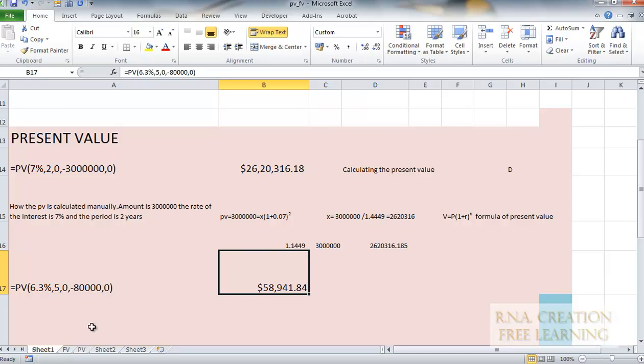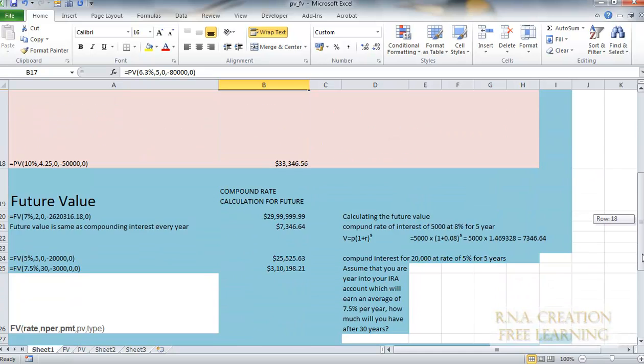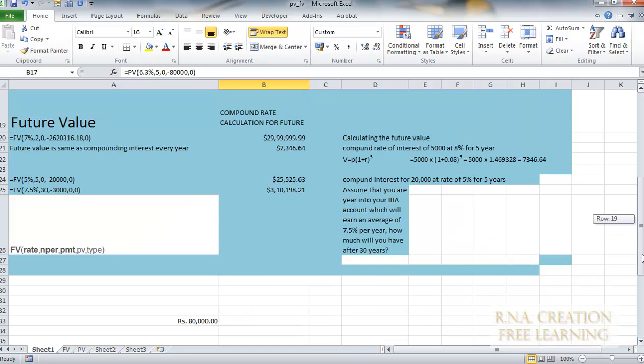Now, how do I verify this is true, whether I have calculated it correctly? There is a reverse formula for present value, known as future value. As you can see, I have used the future value to calculate exactly the same thing here.